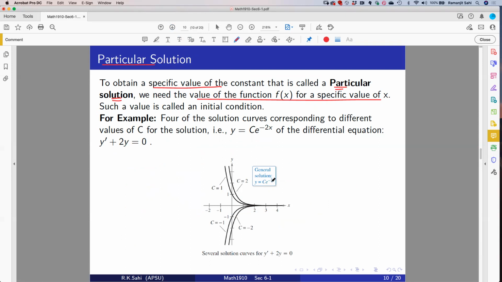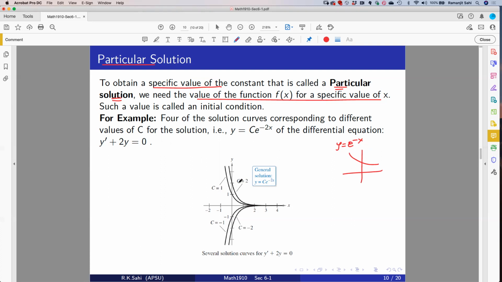Remember, it's an exponential solution. If you remember, y equals e to the power negative x is a graph which goes like this. This one is from your pre-calculus days, guys.